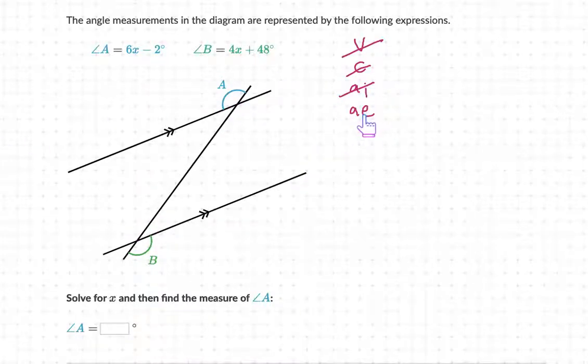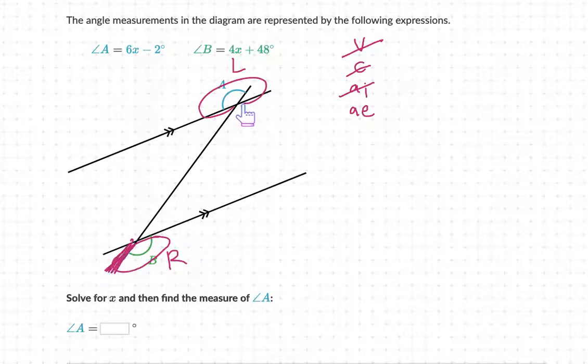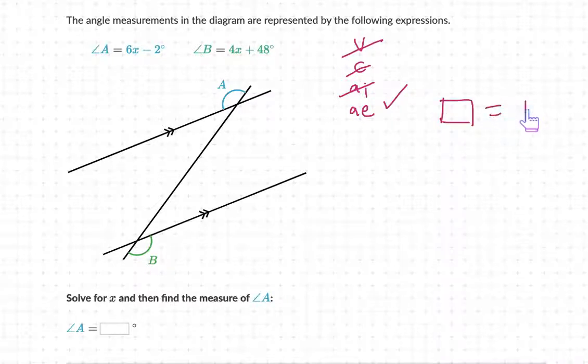And alternate exterior would mean that they're both on the outside, so that's good. And alternate, one's on the left side and one's on the right side of this transversal. Right side, left side. So it looks like they are alternate exterior. As long as they are one of these four congruent types of angles, then we can set them equal to each other.